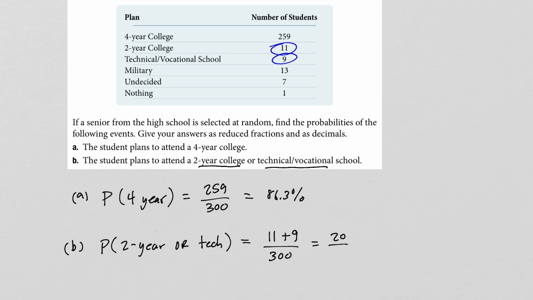Or 20 out of 300. And 20 out of 300, if you reduce that, is going to be about 1 out of 15. And if you do 1 divided by 15, you get about 6.7%. So there were 2 groups that we were considering here. That's why we had to add these numbers together. And that concludes this video lesson.